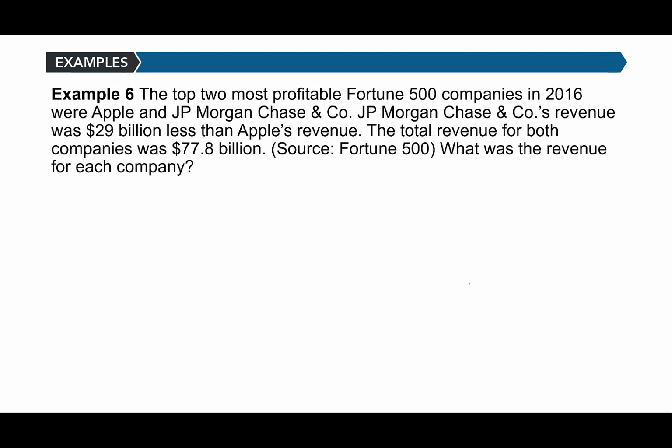And so here we don't know the revenue for either company. So we don't know A, which is Apple's revenue, and we don't know J, which is JP Morgan Chase's revenue. But some things that we know: it says that JP Morgan Chase & Company's revenue was $29 billion less than Apple's.